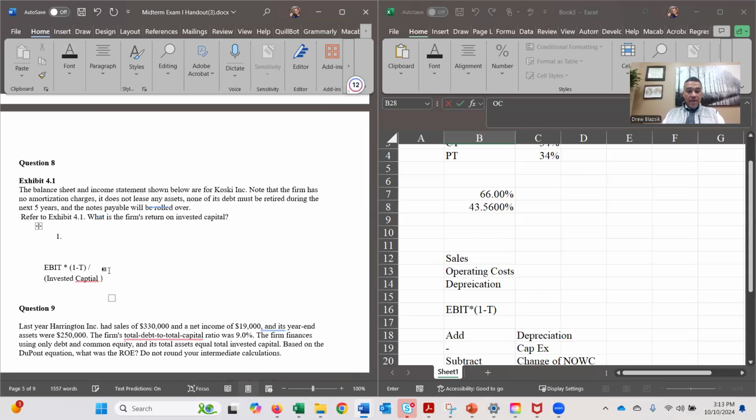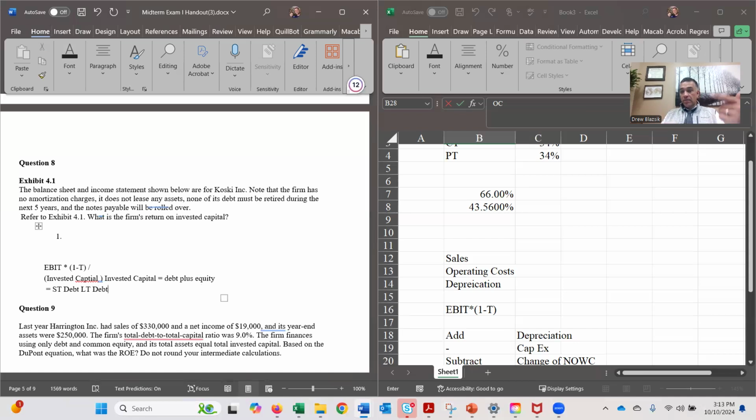And what is invested capital? Well, invested capital is equal to debt plus equity. What is debt? Well, that is equal to short-term debt plus long-term debt.